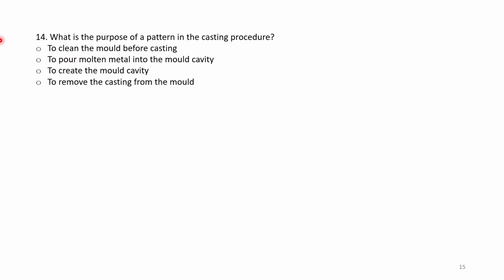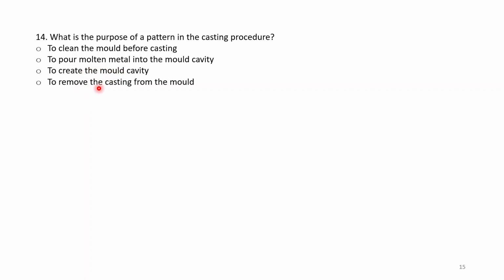Next question is, what is the purpose of a pattern in the casting procedure? Your options are to clean the mold before casting, to pour molten metal into the mold cavity, to create the mold cavity, or to remove the casting from the mold. So the purpose of pattern will be to create the mold cavity.